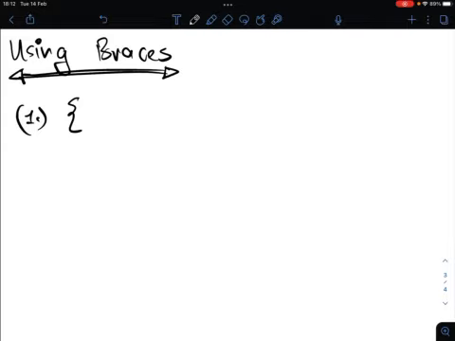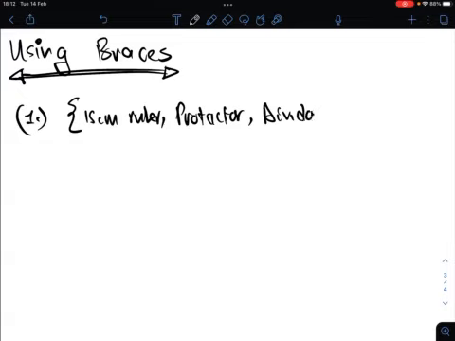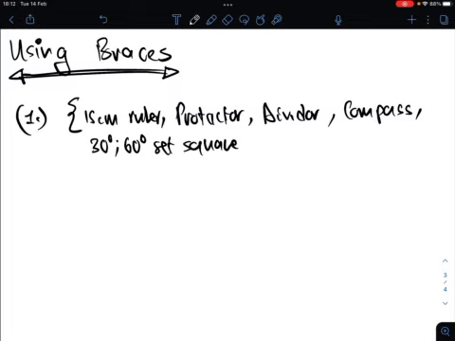I'm going to open a brace and then list all the individual things that form that particular set. There's a 15 centimeter ruler, so I write 15 centimeter ruler. Then inside there is a protractor, then a divider, then a compass, then a 30-60 set square, then a 45 degree set square, then I close my braces.